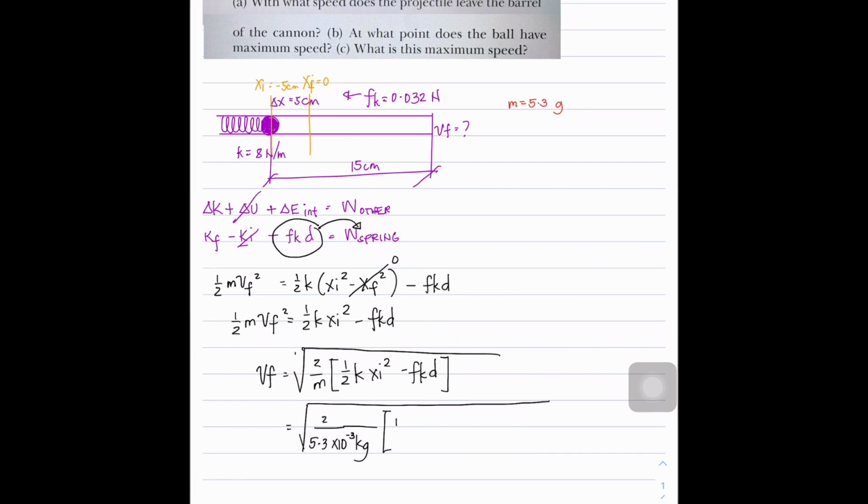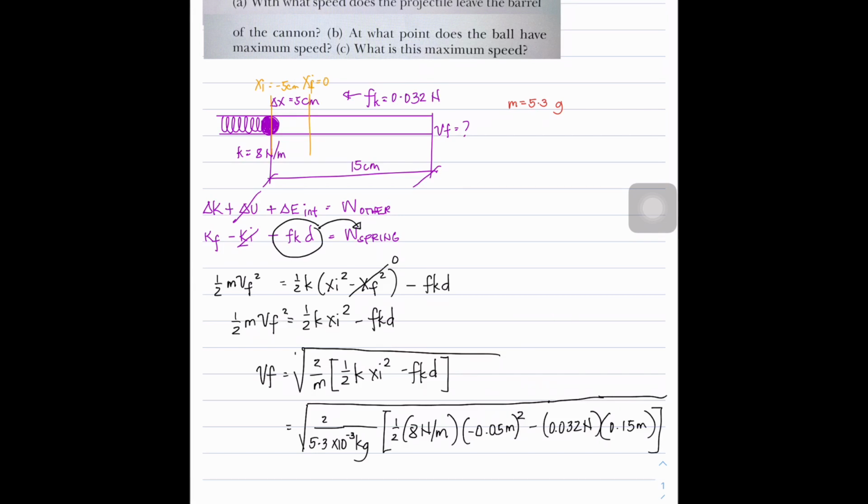Then 1/2 of 8 newtons per meter, xi is negative 5 centimeters, so that's 0.05 meters squared, minus the friction force of 0.032 newtons, and the distance it traveled, 15 centimeters, so that's 0.15 meters.